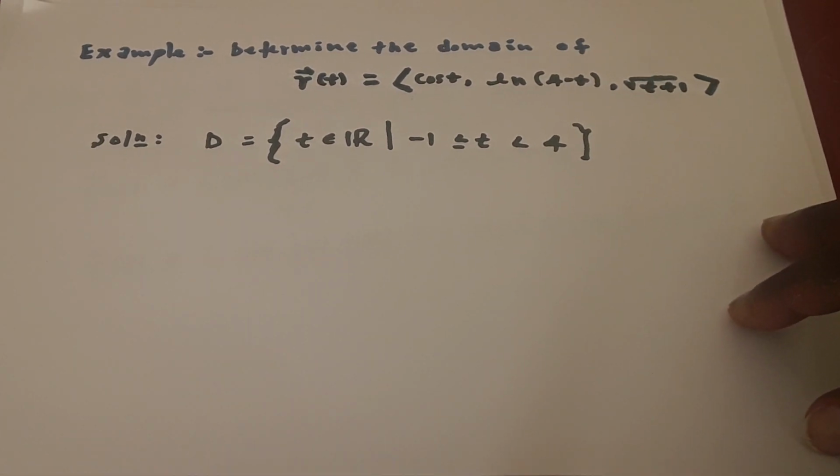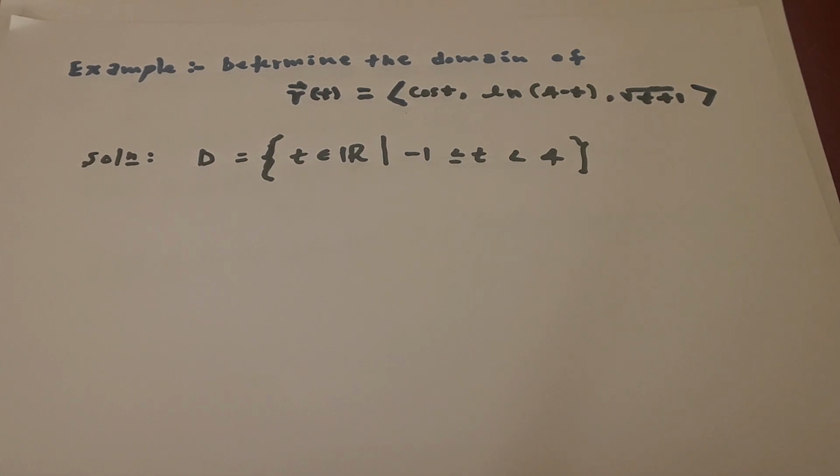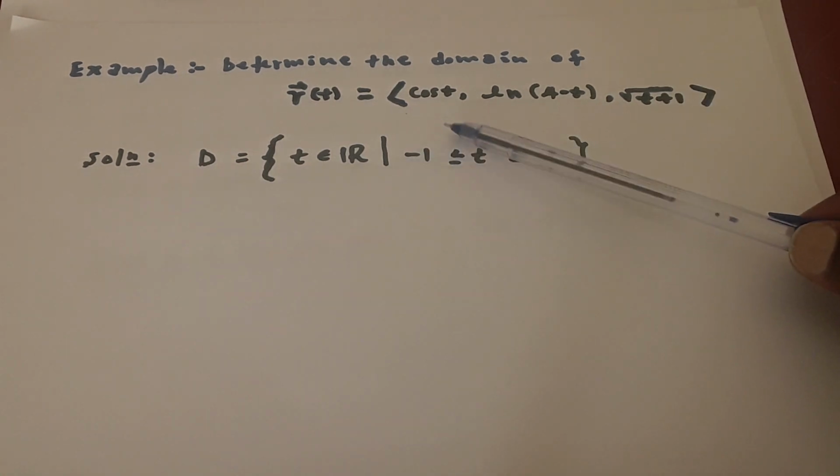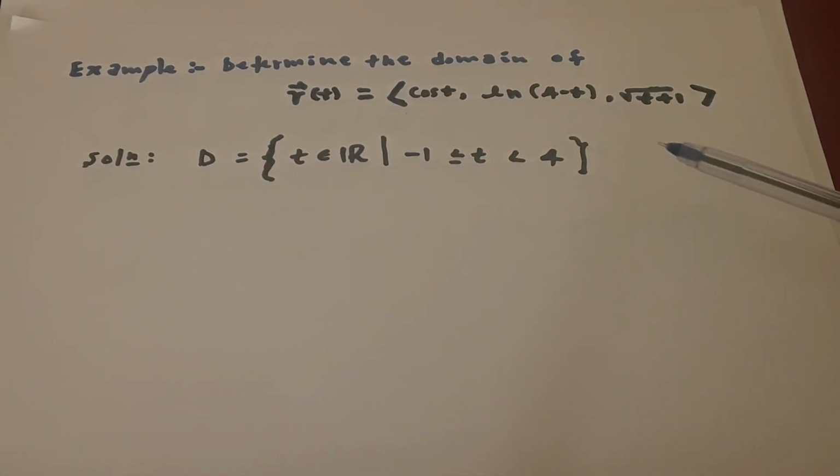Let's say we have r of t equals cos t, ln of 4 minus t, square root of t plus 1. This is a vector valued function. We have cos t in the i, ln of 4 minus t in the j, and square root of t plus 1 in the k.